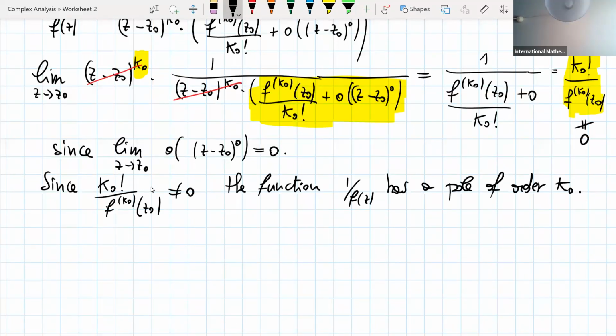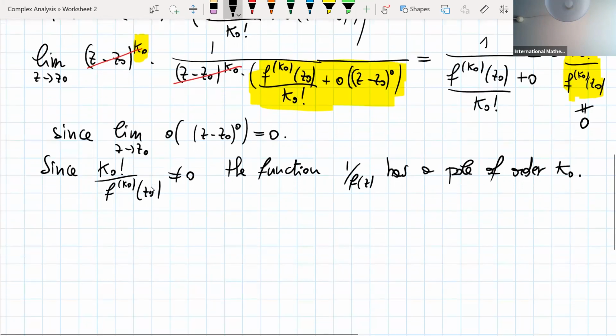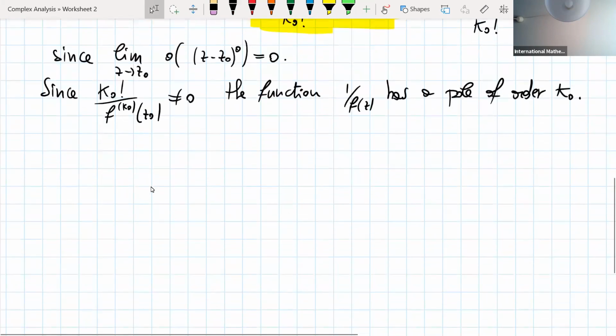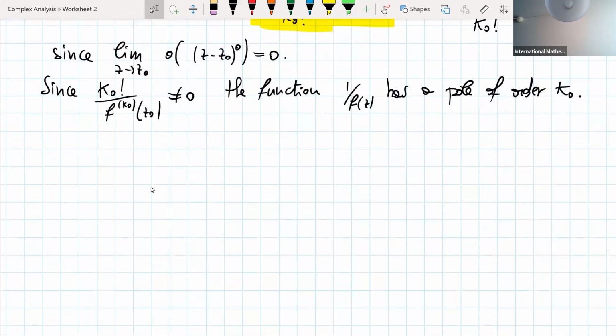So this gives us an example of a way of how we can compute the order of a pole. Before going to the second part of the exercise, maybe we can write down an example where we show how we can use this theorem.